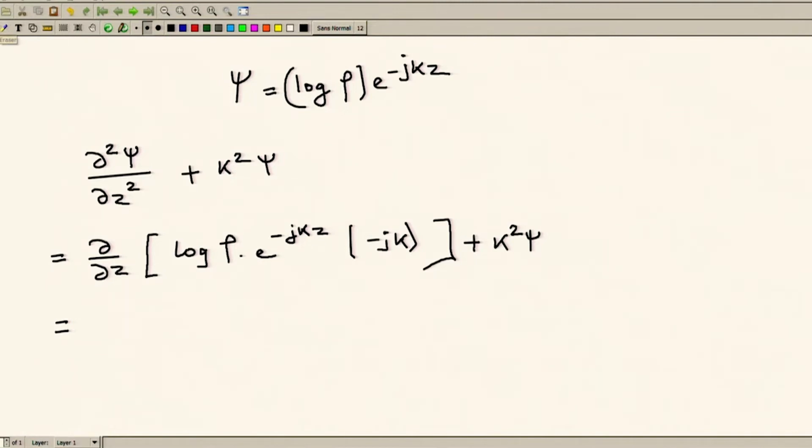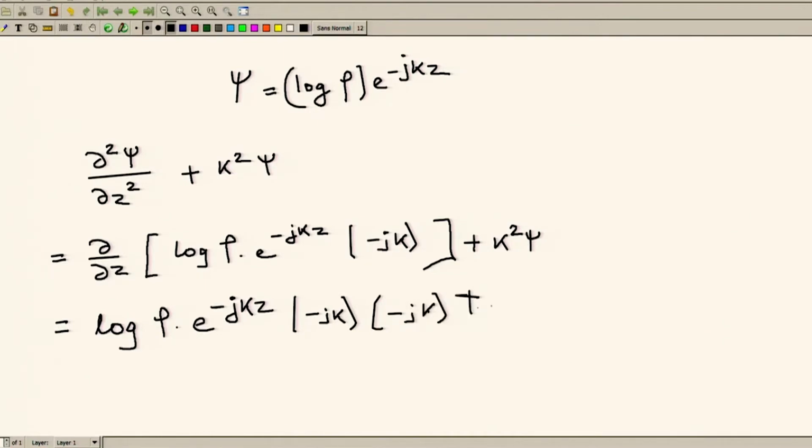We will have here log of rho to the power minus jkz, one more minus jk, plus k square psi.